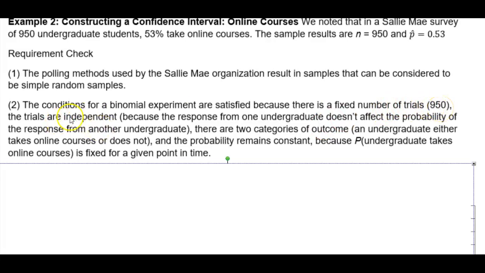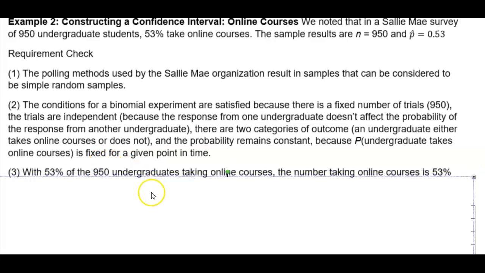The trials are independent because the response from one undergraduate doesn't affect the probability of the response from another undergraduate. And there are two categories of an outcome. An undergraduate either takes online courses or does not, and the probability remains constant, because the probability of an undergraduate taking online courses is fixed for a given point in time.